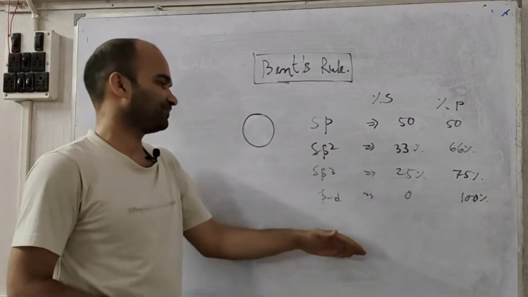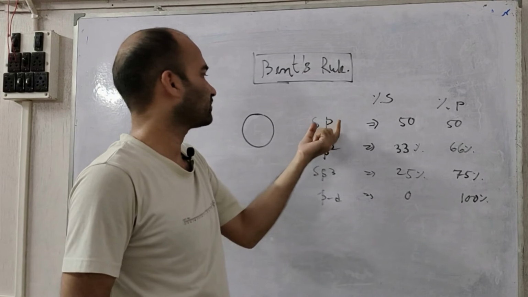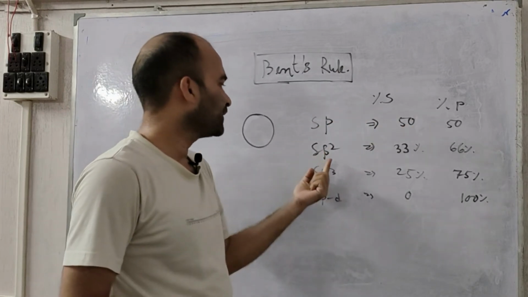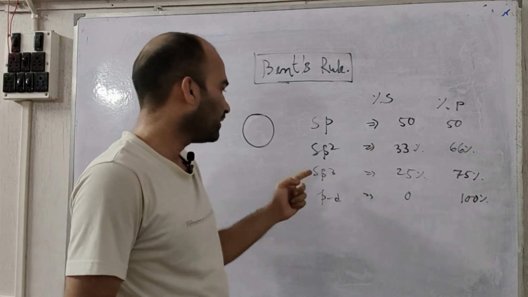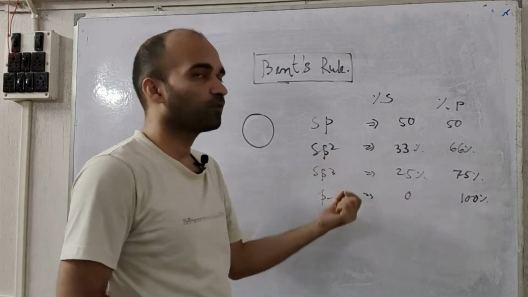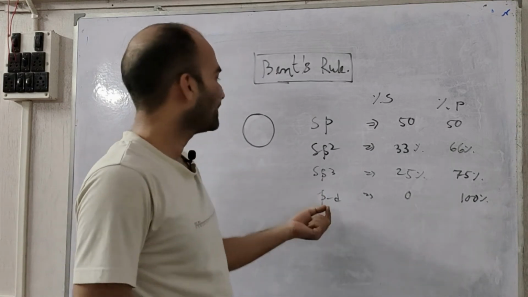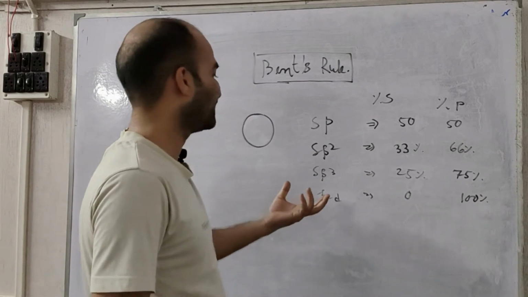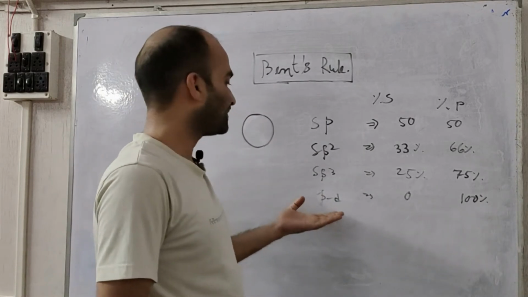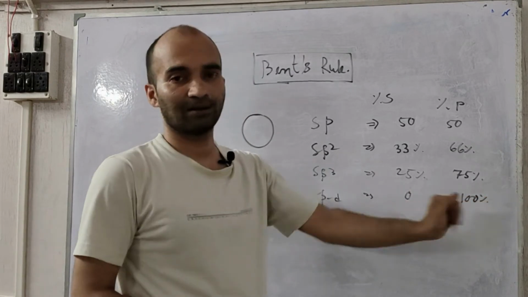When we have sp2, 1/3 is s character, so 33%. When we have sp3, 1/4 is s character, that is 25%. And when there is a pd, that is the axial bond, pd hybridization, then there is no s character, 0%, and the p character is 100%.